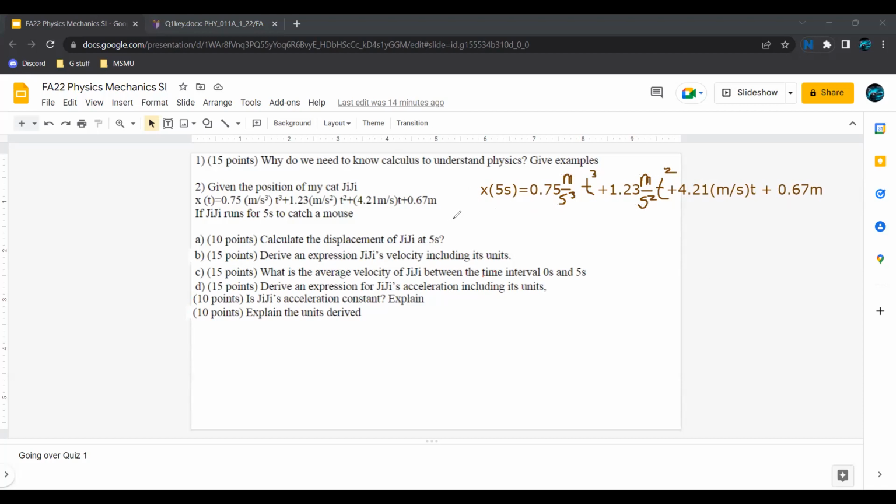So then for average velocity, it would be equal to delta x over delta t, right? That's for average. So then for instantaneous velocity, we're gonna do dx over dt. Let me make that a bit clearer.